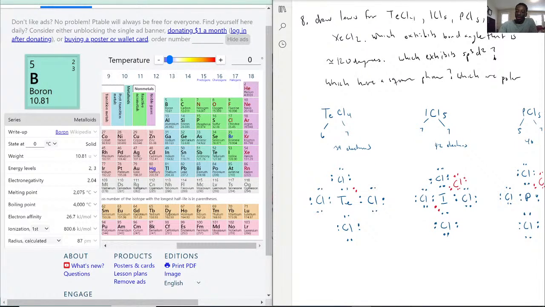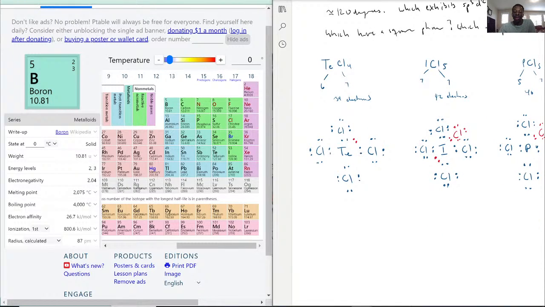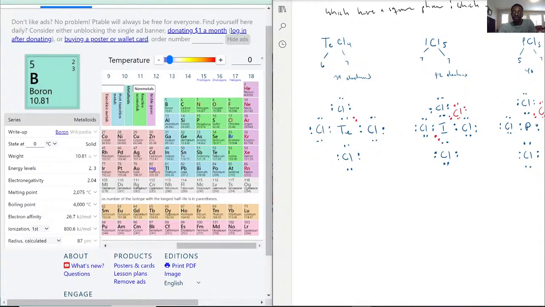So now these questions, which exhibit a bond angle that is 120 degrees, around there. So for this, first you have to actually know the electron geometry shape, okay? To find the electron geometry, we first need to figure out the electron pair geometry number, the hybridization.